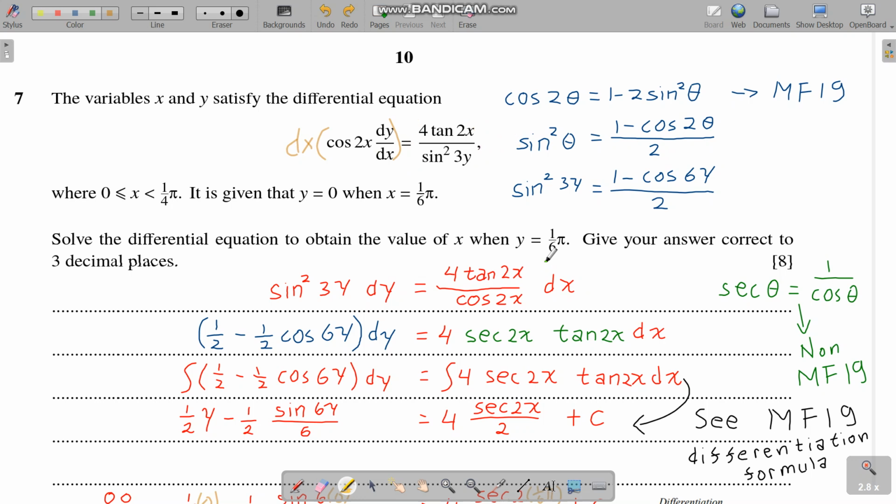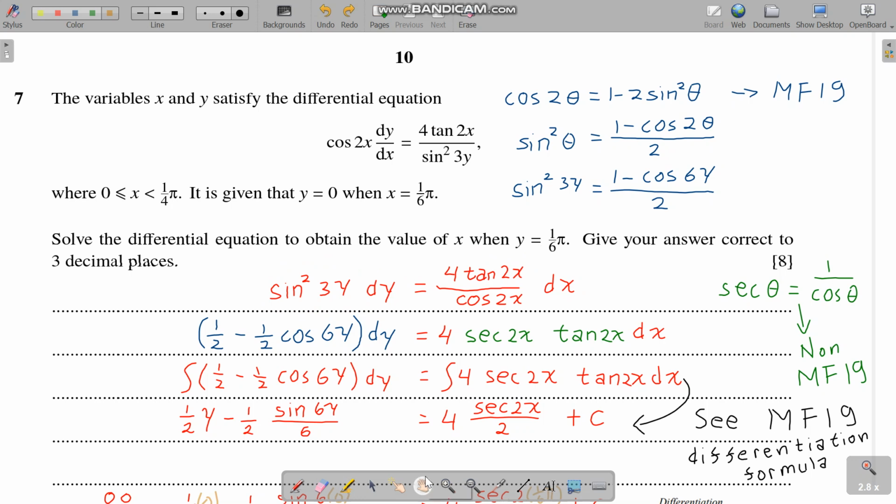And now if we divide both sides by cos 2x, we're going to get cos 2x on the right like this. So basically we just multiply and divide the equation throughout, so that everything with y is on the left and everything with x is on the right. That's the first step, separating the variables.